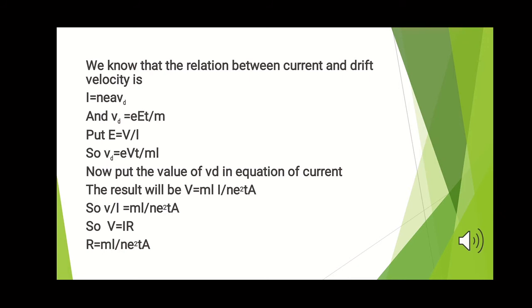In terms of the mass, the length of the conductor and the free electron density, R = ml/(ne²τA). On the next slide, I will tell you how the formula of resistance comes from Ohm's law.